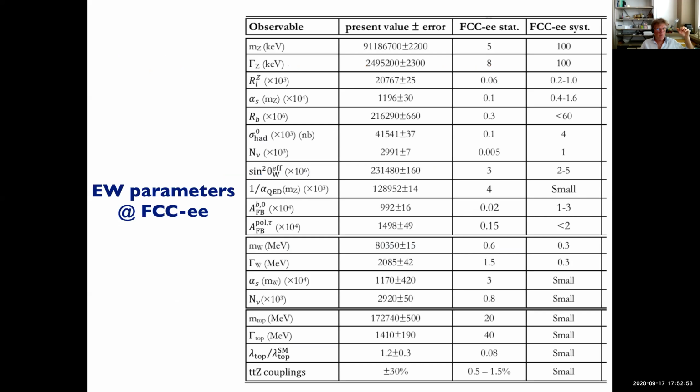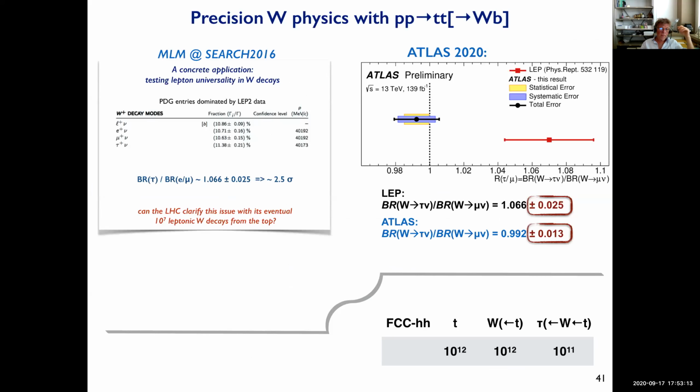And this provides improvements by a factor of 10 to 100 in the precision with which all of the electroweak observables and standard model parameters are measured, relative to LEP or relative to the current knowledge.